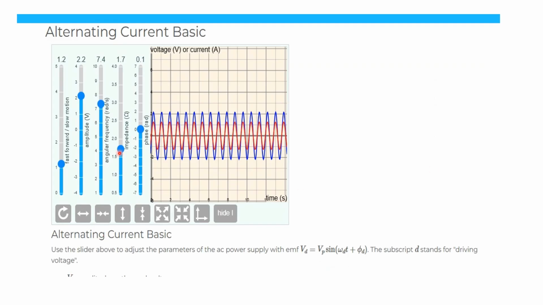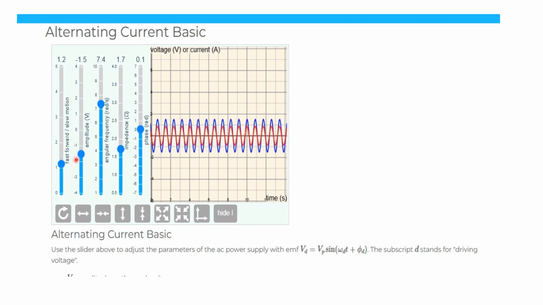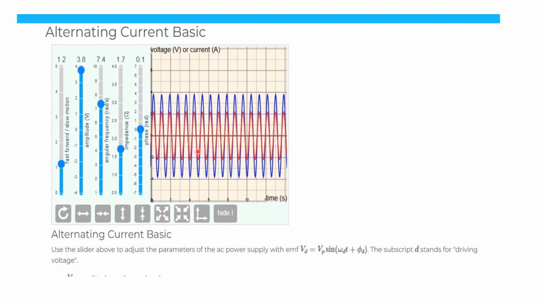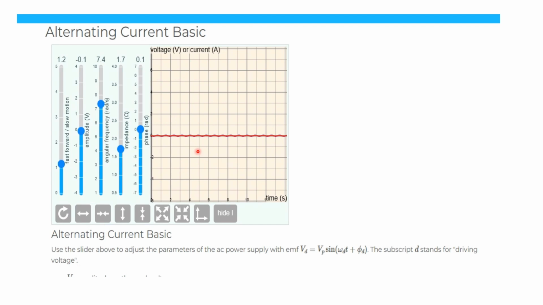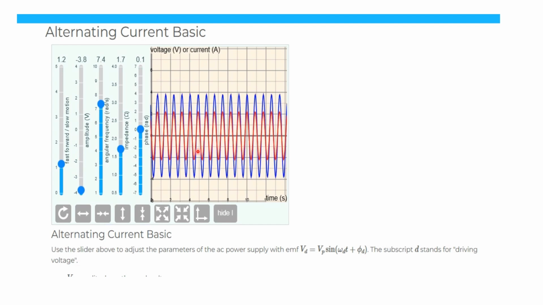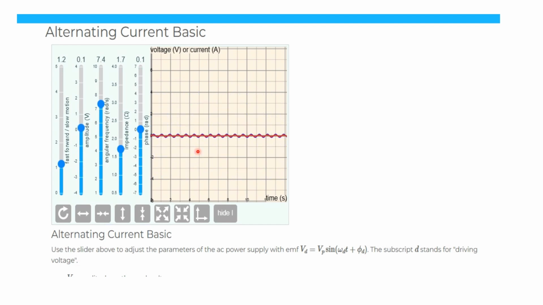So this is an alternating current profile, and you have various parameters here. This is the amplitude, which is changing. Amplitude means the maximum value of the voltage, or the maximum displacement in case of an oscillation. When you change the amplitude, you see the peak height changing, so the maximum voltage changes. Here you can see the equation that represents the oscillating voltage, in the form of a sinusoidal equation.